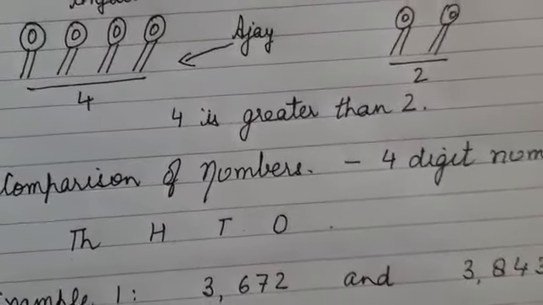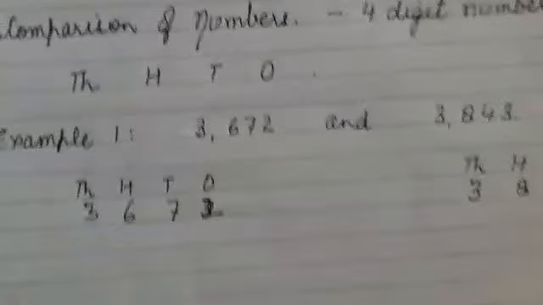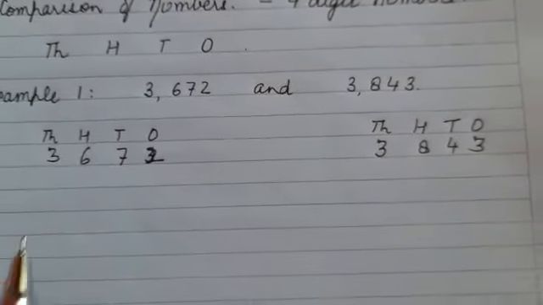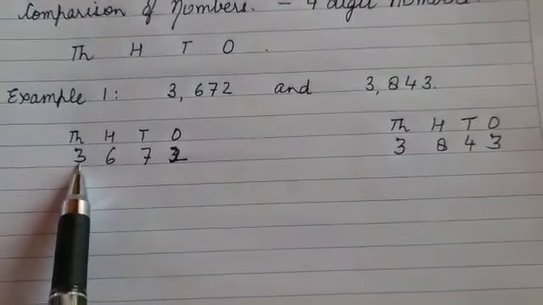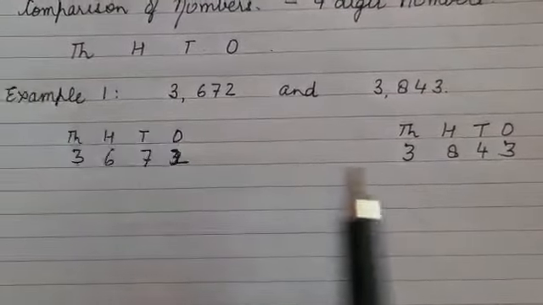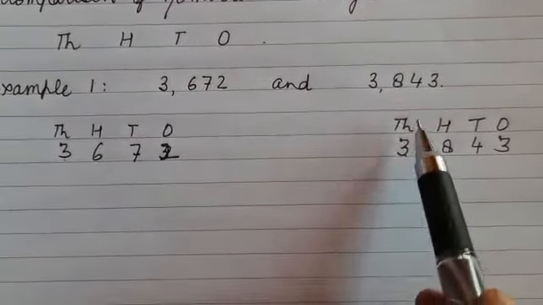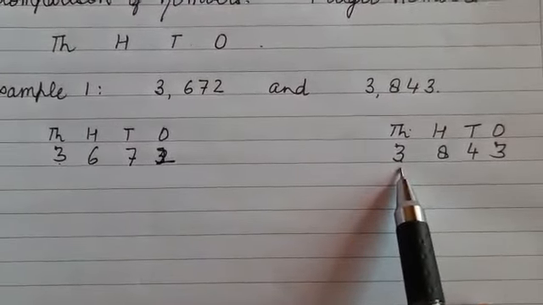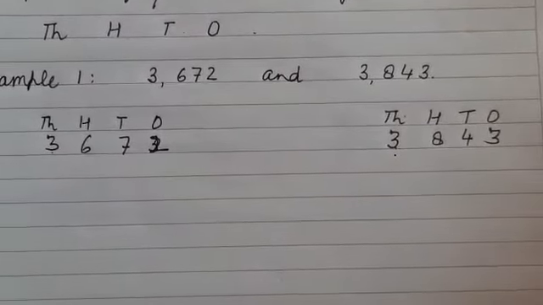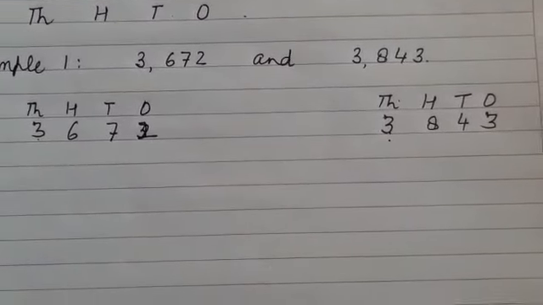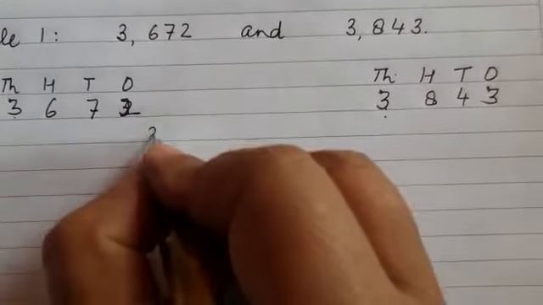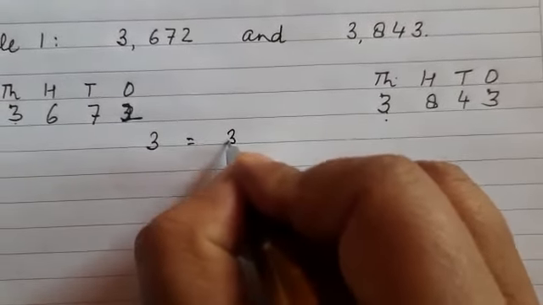So what do we see as per our rule number 1? The digit at 1000 place is 3 and here also it is 3. So the number at 1000 place is same, 3 is equal to 3.